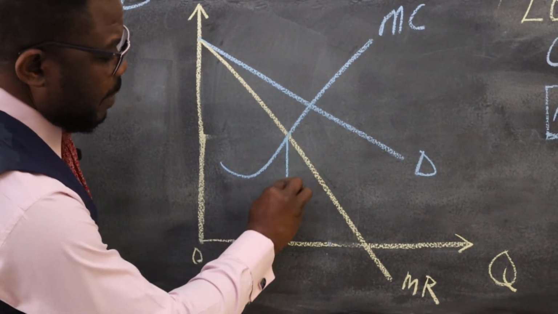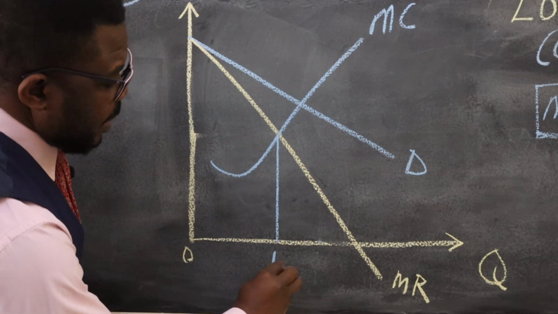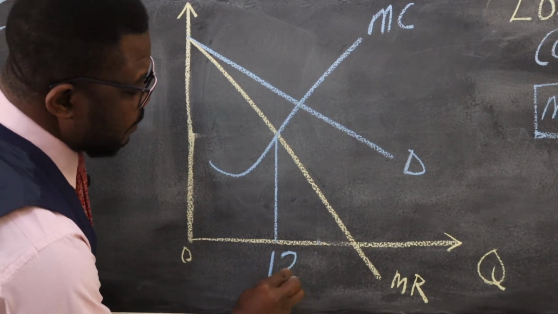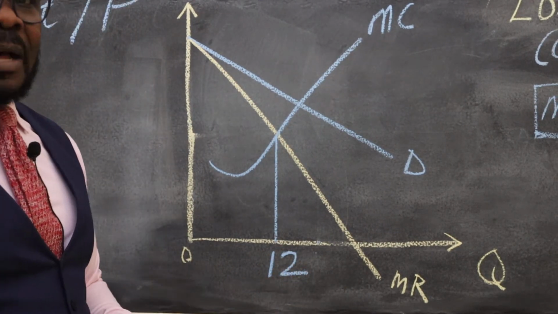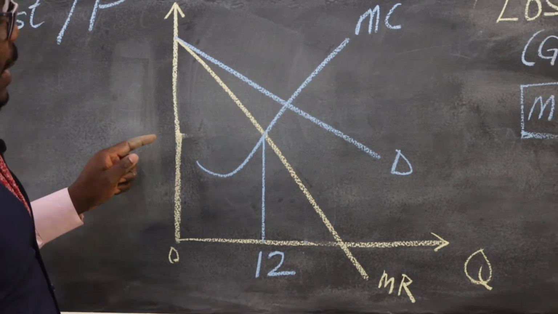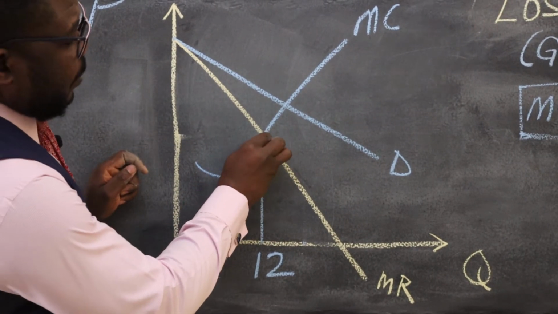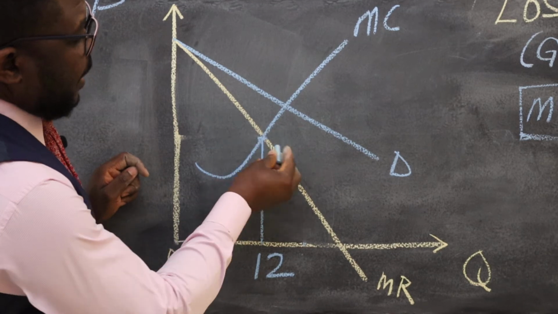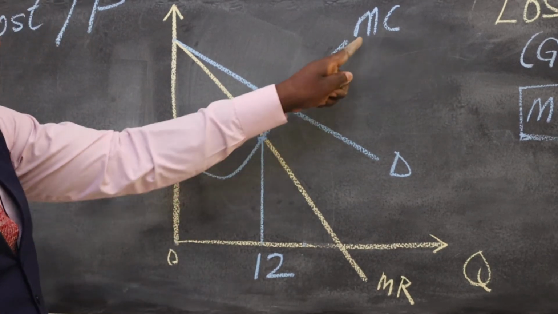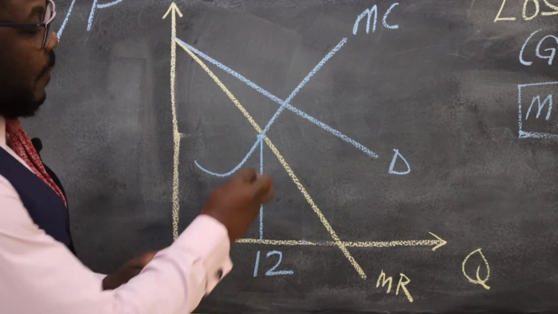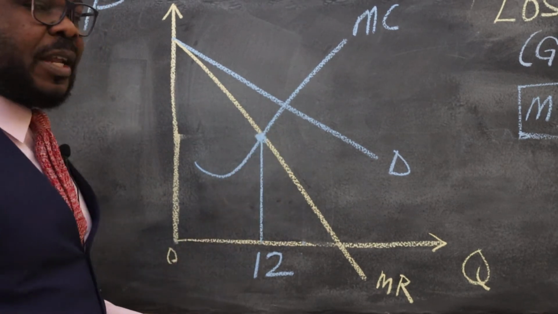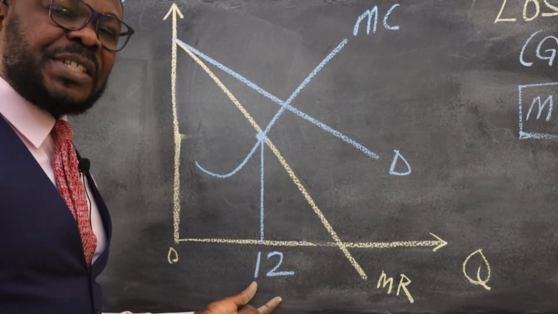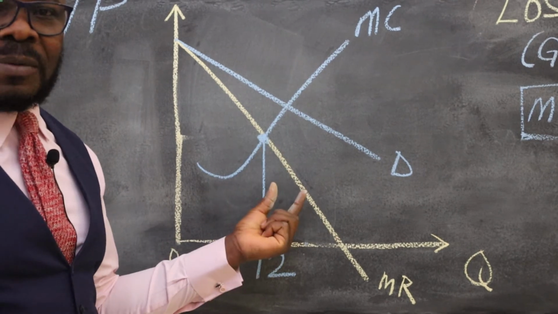Let's go down to determine our quantity. Let's say our quantity here is 12. It's an example. What we have to do is go up from where marginal cost equals marginal revenue. From that point, we need to get the price we are selling at. There has to be a corresponding price.